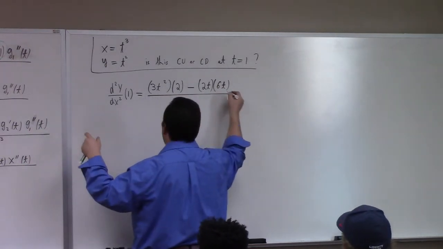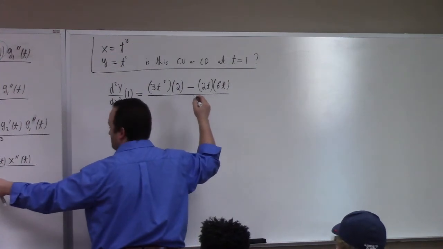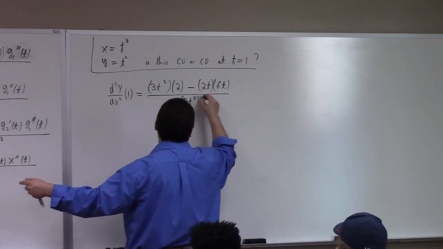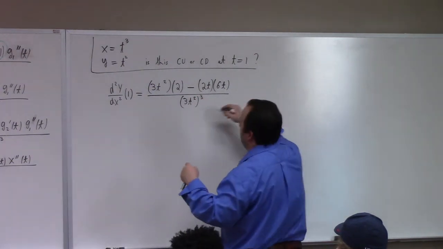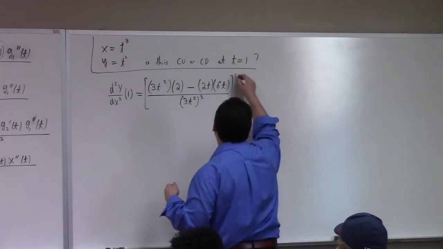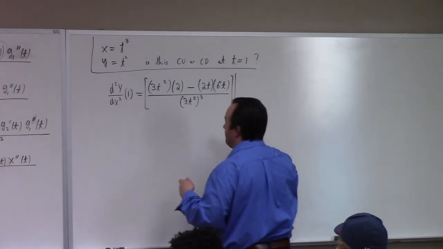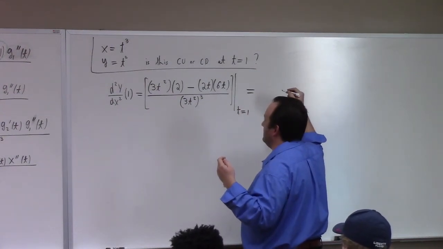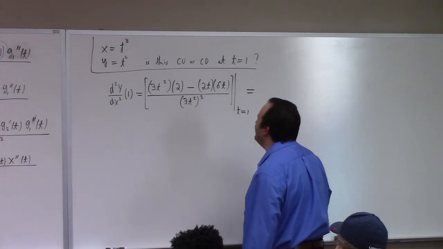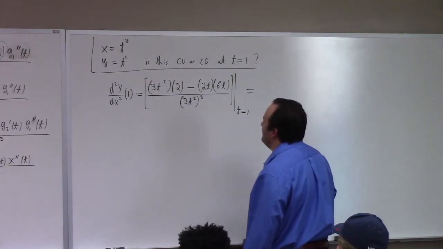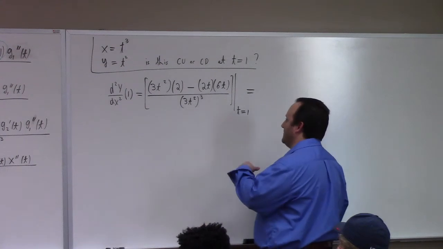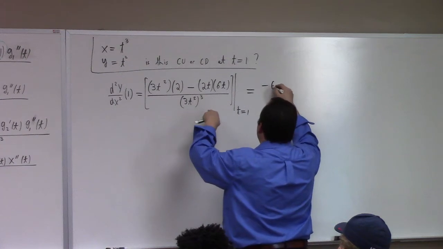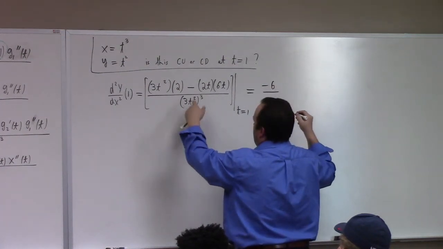And that's supposed to all be divided by x prime, which is 3t squared, cubed, right? Now, this is supposed to be evaluated at t equals 1 for my given question. And so what does that give us? Oh, I'm sorry, I can't do math. Oh, yeah, I thought it was 0 for a second there. 6 minus 12, which is minus 6, over 27. Okay.